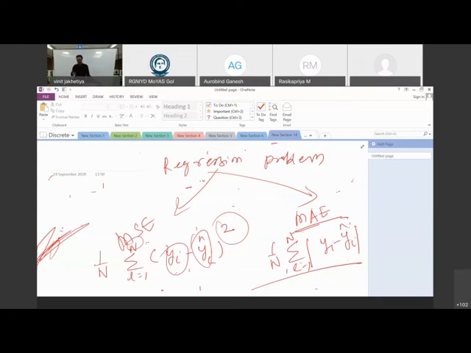So now I hope you see there is a trade-off. If outliers are there, don't use mean square error. Use mean absolute error, but it is going to take a lot of time to converge and find the optimal solution. So mean absolute error is quite complex in nature.